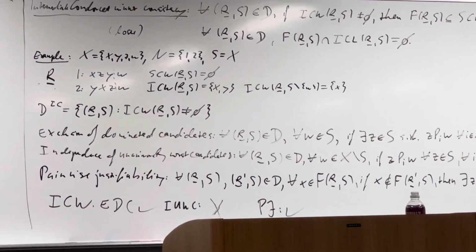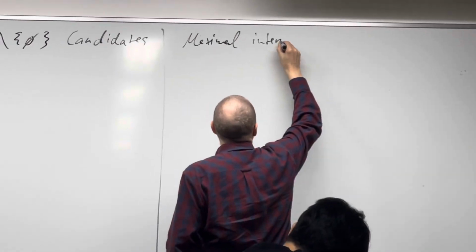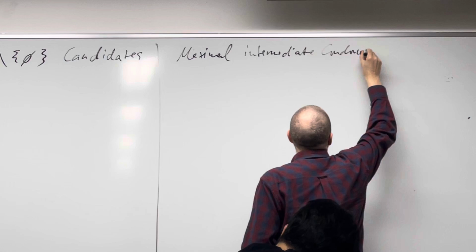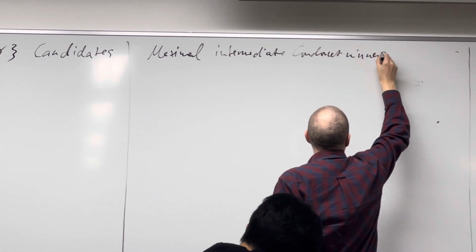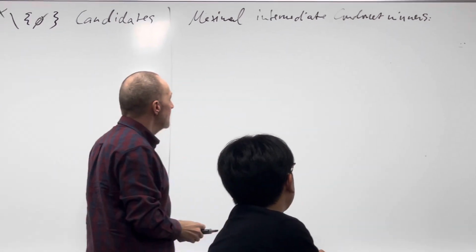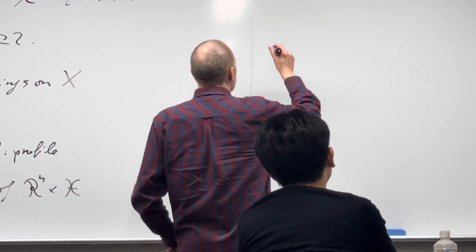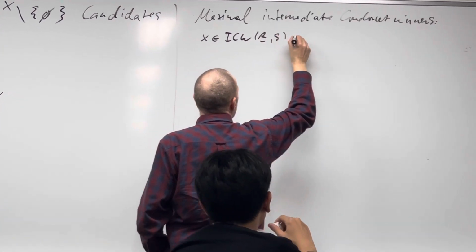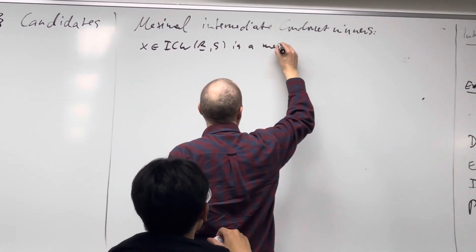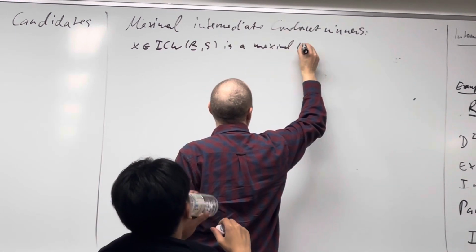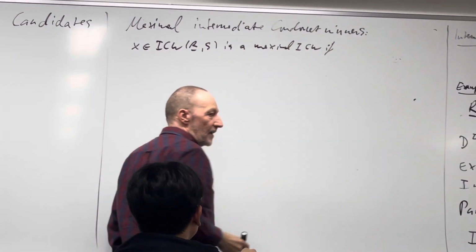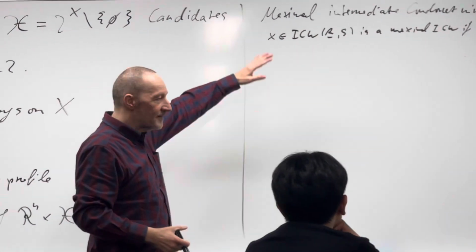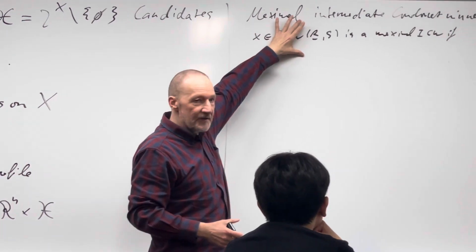So maximal intermediate Condorcet winners are defined as follows, as I just said. So if x is an intermediate Condorcet winner, x is maximal if the number of inequalities in defining the status of an intermediate Condorcet winner is maximal.